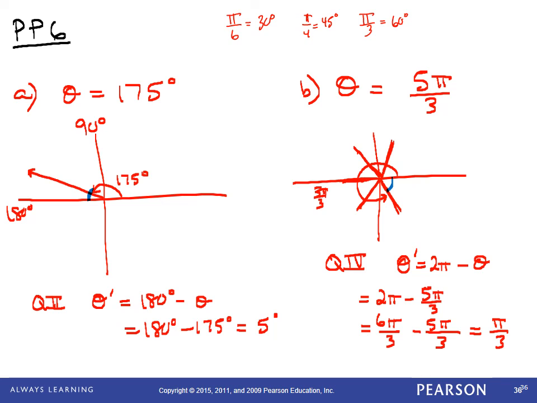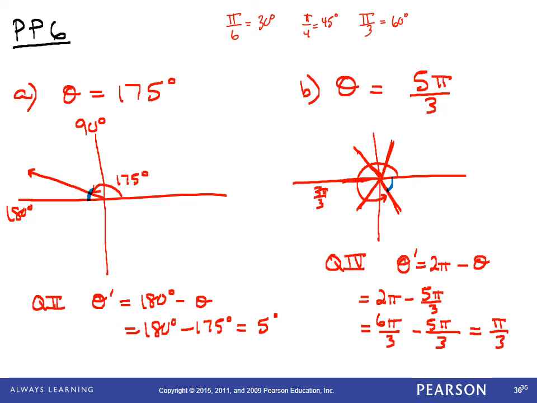So we are in quadrant 4. And that's all we really needed. We needed to figure out which quadrant we're in. Because if we're in quadrant 4, then the formula says the reference angle is 2 pi minus the theta itself. Say again? Pi over 3.